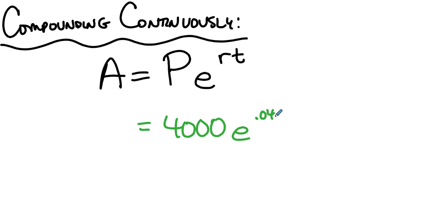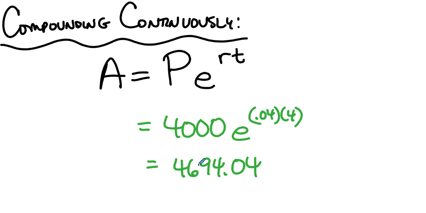It's a 4% interest rate over 4 years. And our calculator would be able to tell us that this is $4,694.04, which is not much more money if we compound every moment of every minute of every hour of every day for those 4 years.